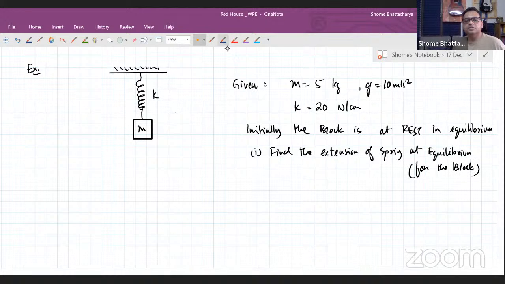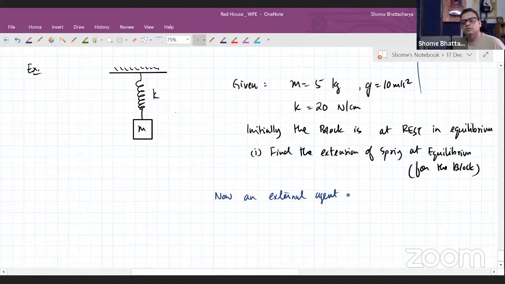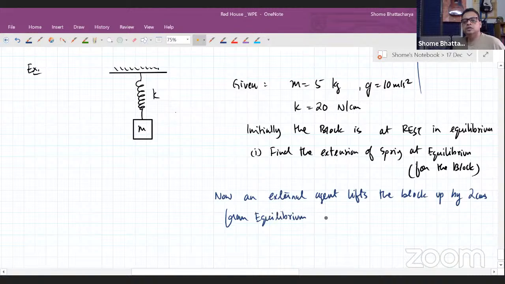Now next, what is happening? Somebody pushes the block up from the equilibrium position. So an external agent lifts the block up by 2 centimeters from equilibrium. Okay, and releases it from rest.